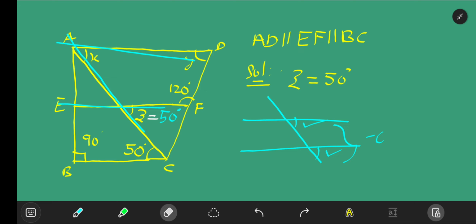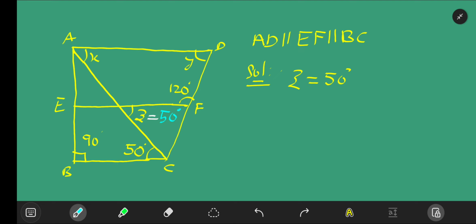So here this is a parallel line and this is a parallel line. So this x is equal to this exterior angle, this z. X degrees is equal to this z degrees. So this x is also equal to 50 degrees according to corresponding angles. So X is equal to 50 degrees.